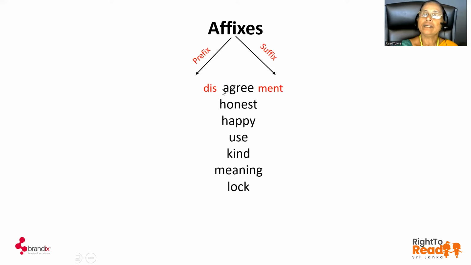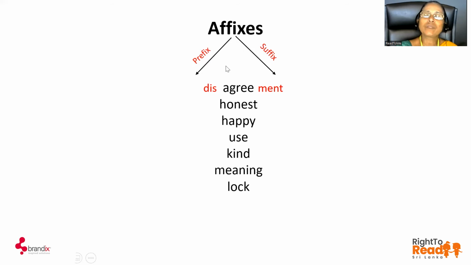Here agree is the base. To this word agree, we can add dis in front of the word and ment at the back: disagreement. Now you know what a prefix is and what a suffix is. We call prefixes and suffixes affixes.